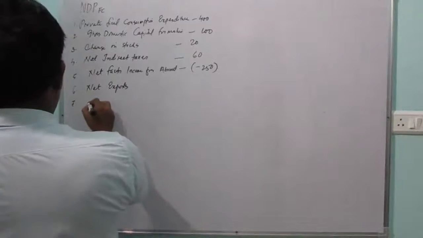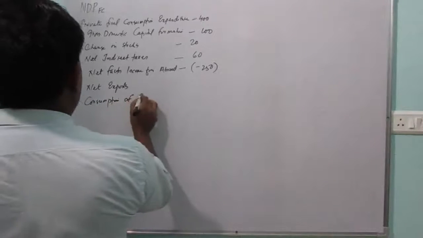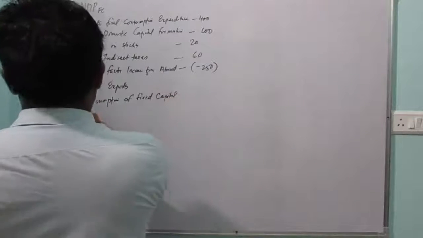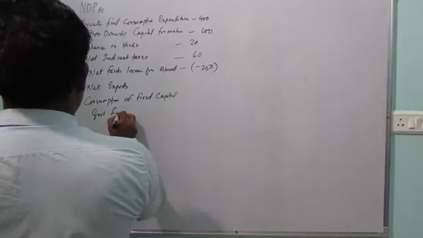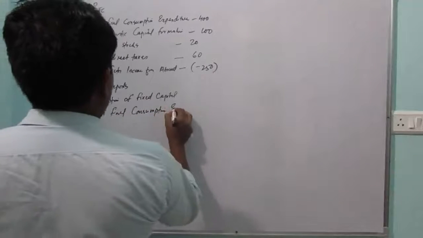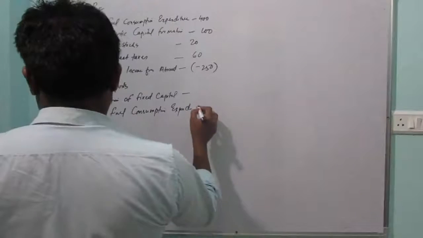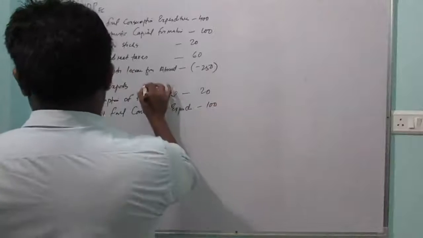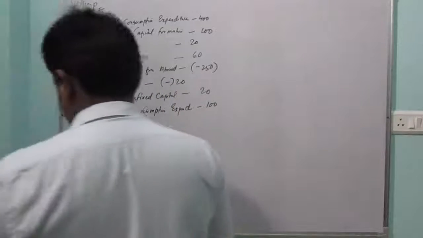Consumption of fixed capital is 20. Government final consumption expenditure is 100. Net export is minus 20.